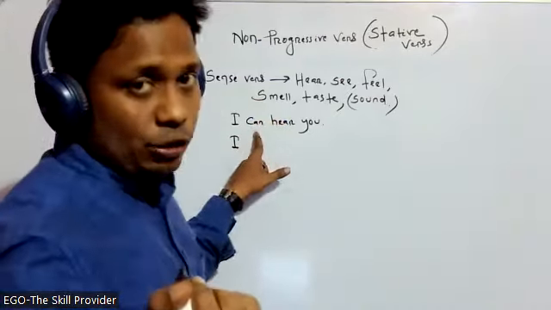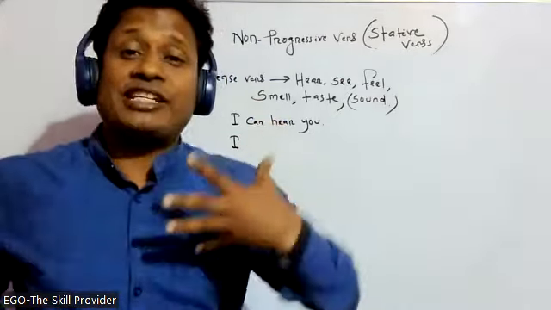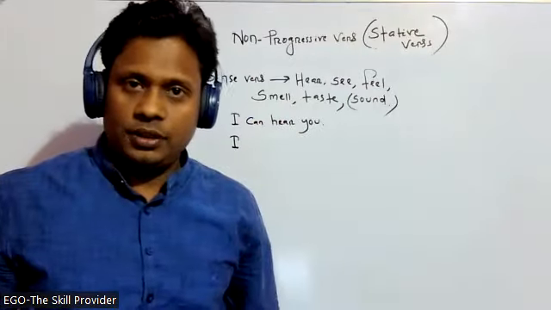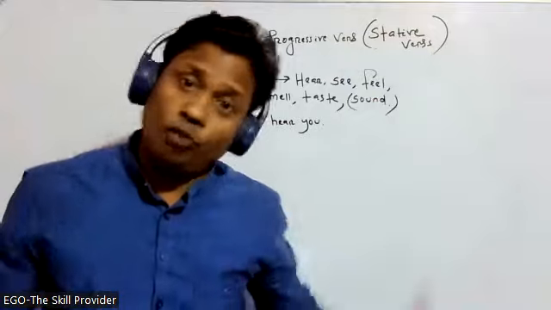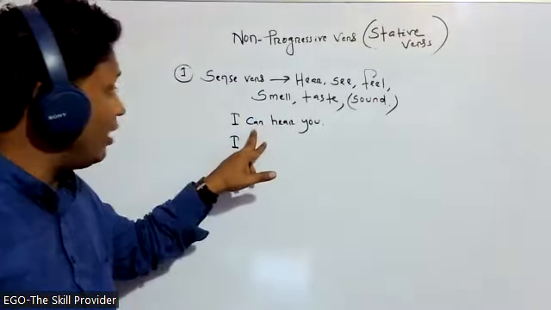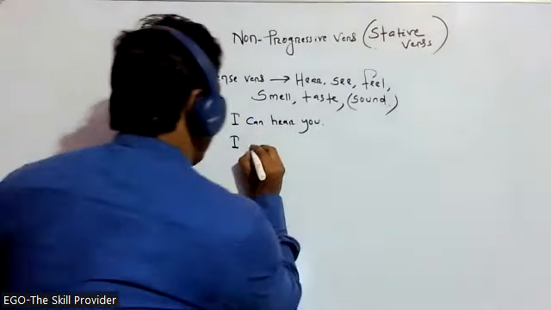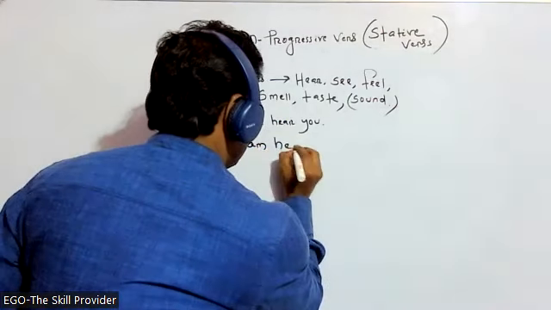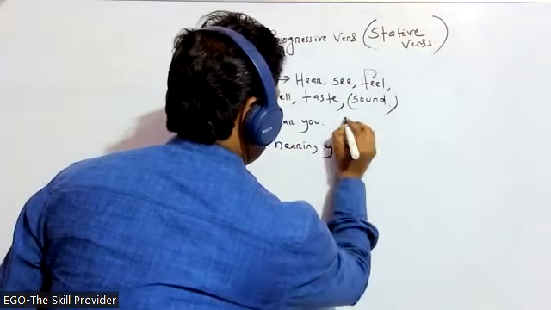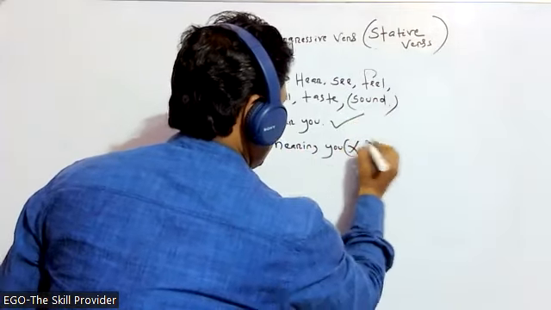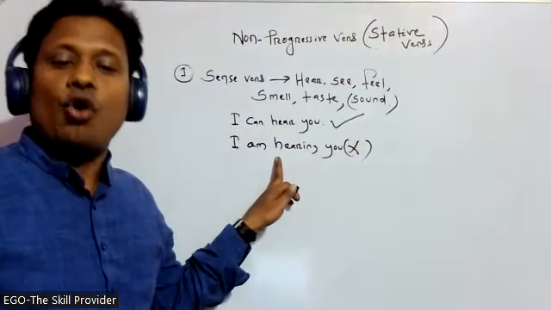Can is a modal you can use because you are trying to express your ability. If somebody says, hey, can you hear me? Sir, I can hear you. You can use it with a modal, but you cannot say, I am hearing, which is a completely wrong statement.